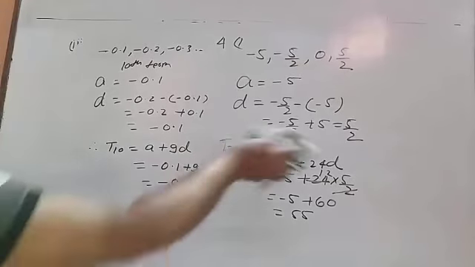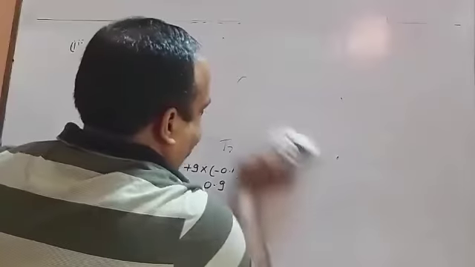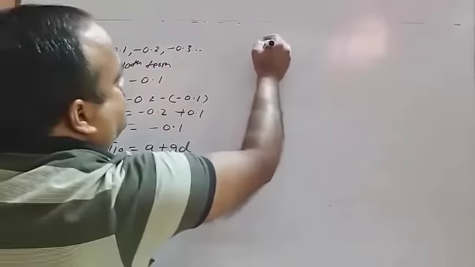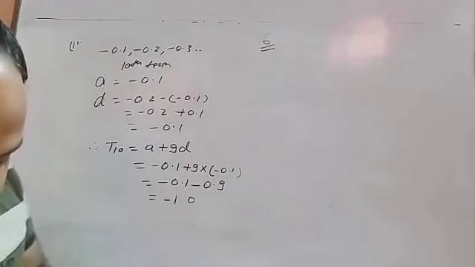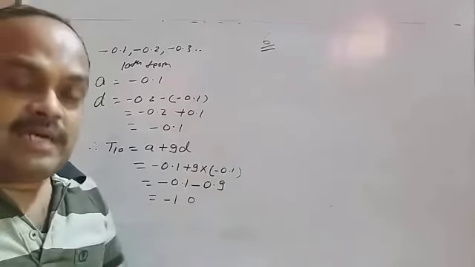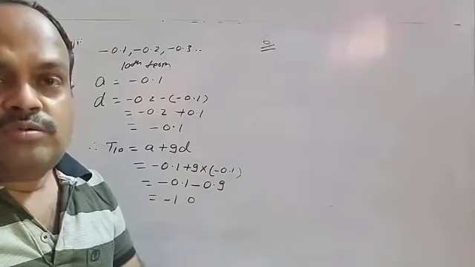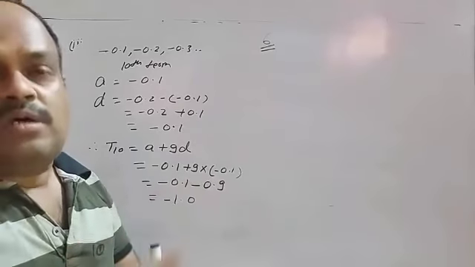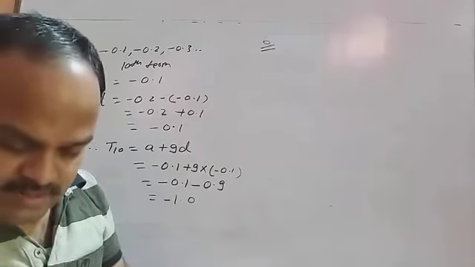Question number 6. What is the common difference of an AP? I have told you how to find the common difference. What do we need to do? We need to subtract the first term from the second term, or the second term from the third term, or the third term from the fourth term.